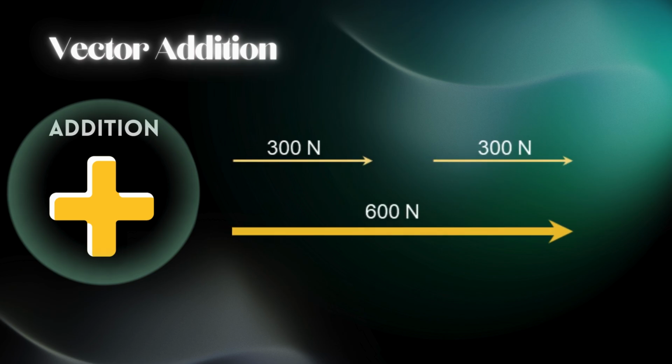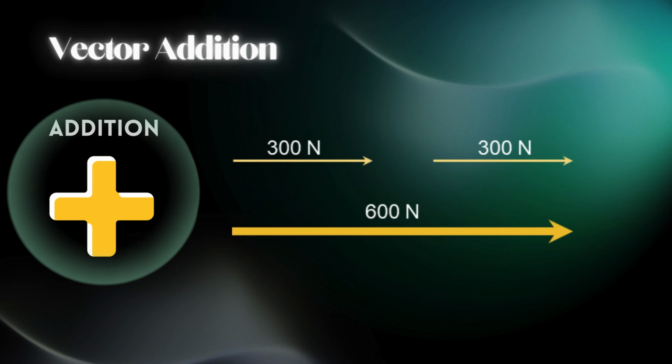Let's look at the simplest case of vector addition, when both vectors point in the same direction along a straight line. Imagine you are applying two forces, both pushing to the east. One force is 300 Newtons and the other is 300 Newtons.